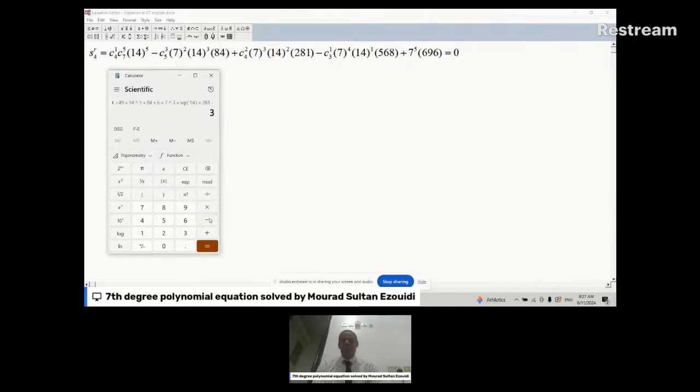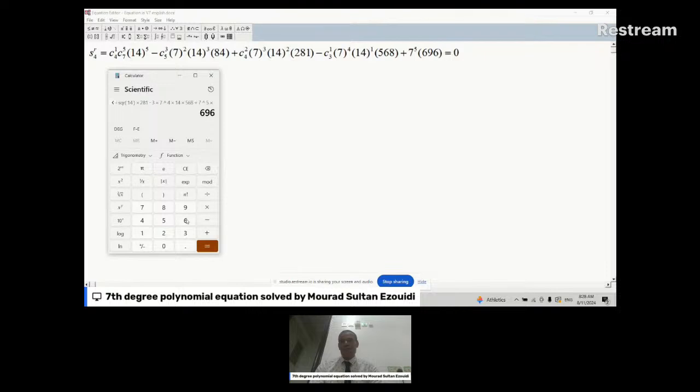Minus 3, combination 3 choose 1 is minus 3 times 7 raised to the power 4, times 14 times 561, times 14 times 568, plus 7 raised to the power 5, times 696.